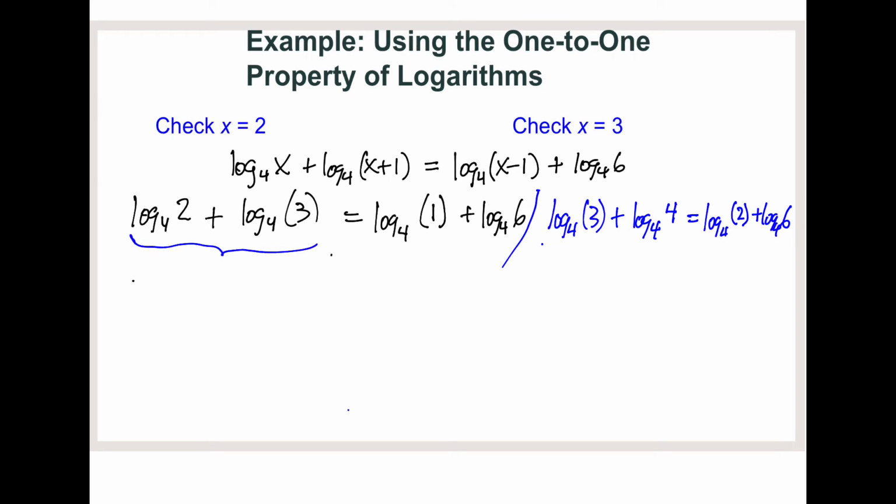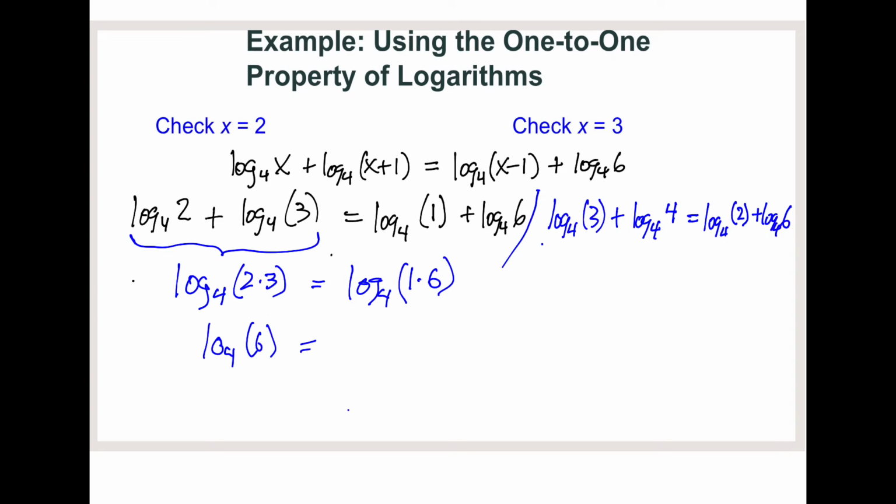For example, here we're adding the two logs, so we could rewrite that as the log base 4 of the product of those two, 2 times 3. And here, the log base 4 of the product of 1 times 6. And we can see that this is going to be the log base 4 of 6 equals the log base 4 of 6. So, bada bing, bada boom, they checked out.